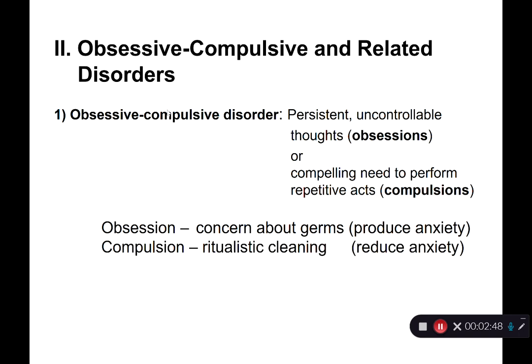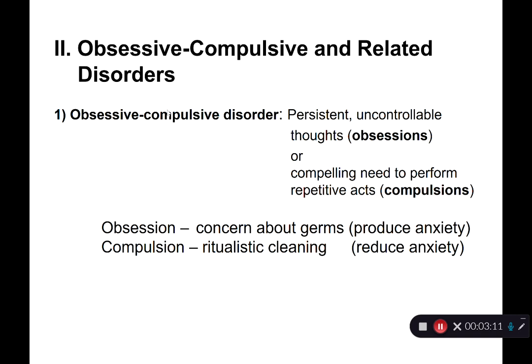But what happens is that the compulsion reduces the anxiety. Individuals come up with a ritualistic behavior which serves to reduce their anxiety, gives them a sense they're doing something about it. And then it becomes this cycle, an uncontrollable cycle. The compulsion doesn't make the anxiety go away, it just reduces it.